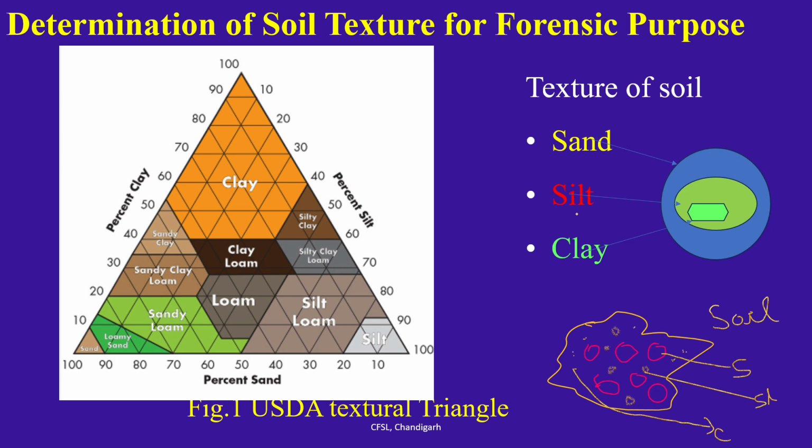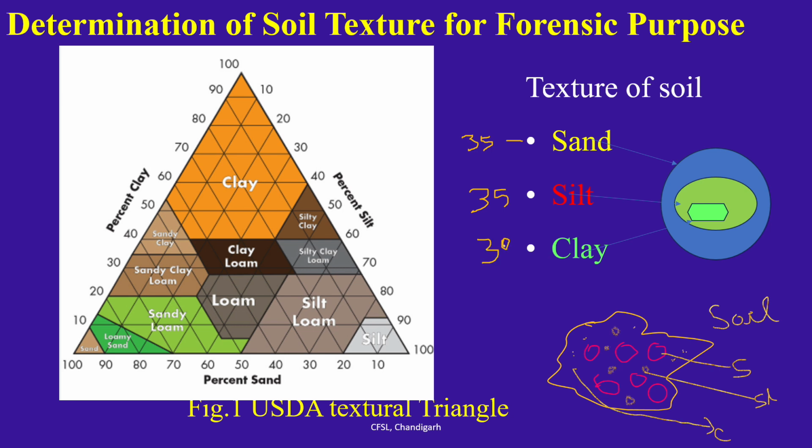So suppose in a soil sample, sand contains 35%, silt contains 35% and clay is equal to 30%.